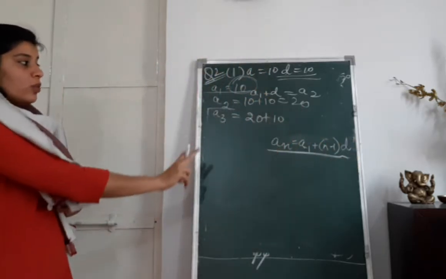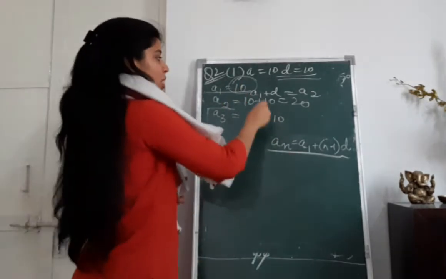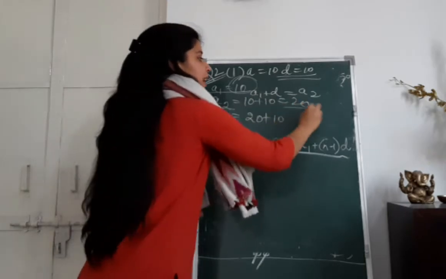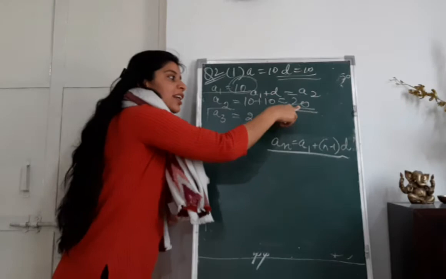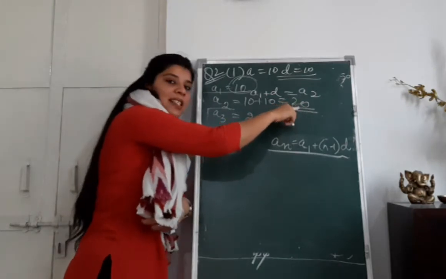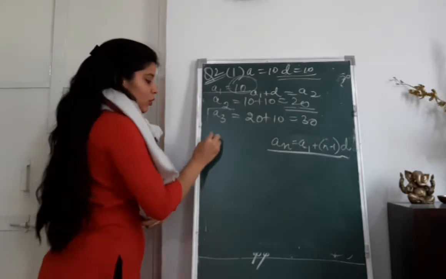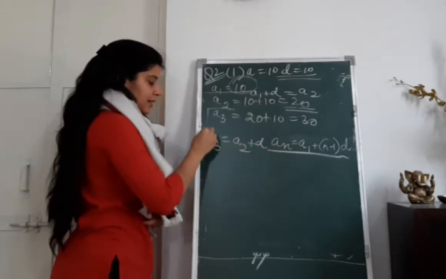Either you can use this formula or you can directly put the value. A1 plus D is nothing but 20. Now you can add 20 plus 10, which is equal to 30. So A3 is equal to A2 plus D.